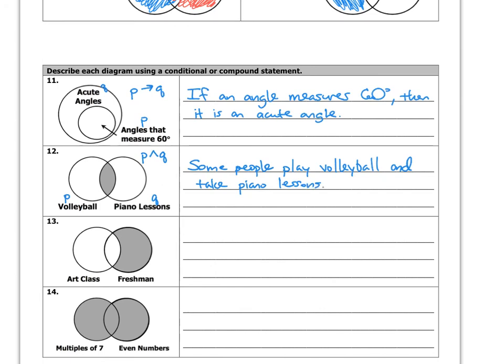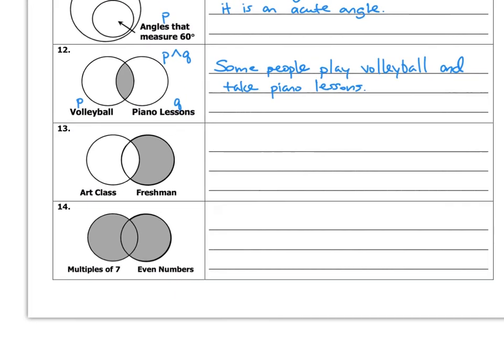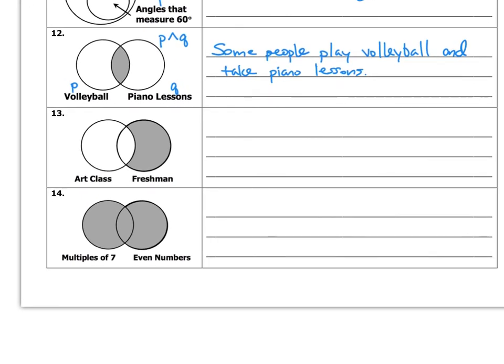All right, number 13, we have another some Venn diagram. This time we have art class on one side and freshmen are the other. The only part that is shaded is the freshman part, but not including the overlap region.